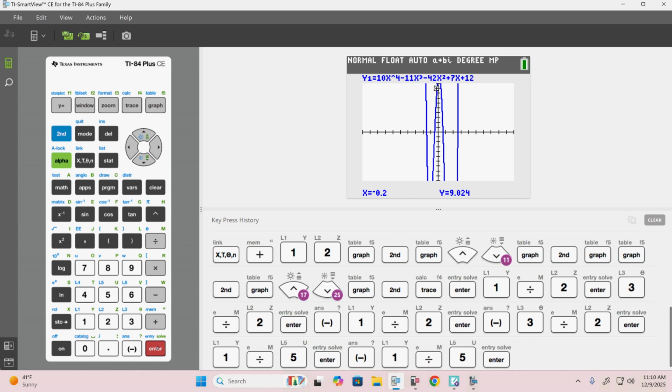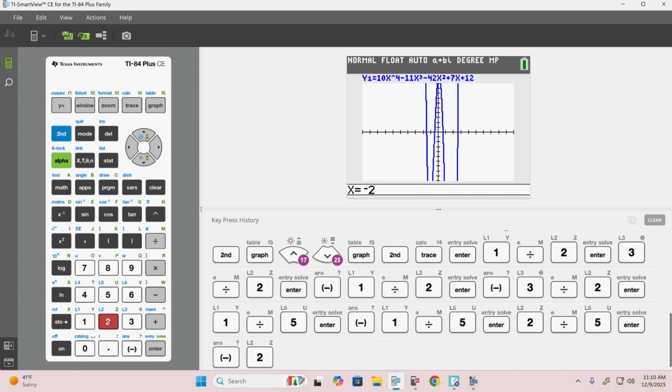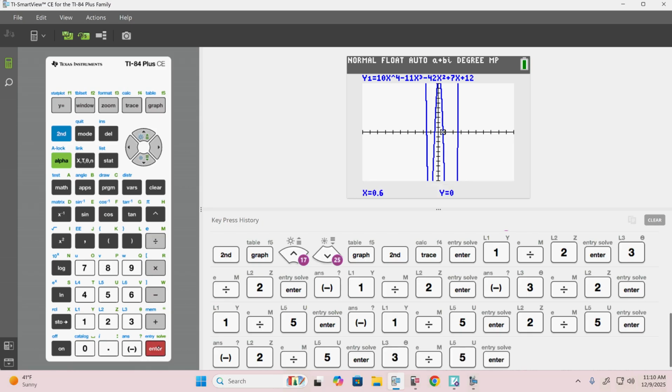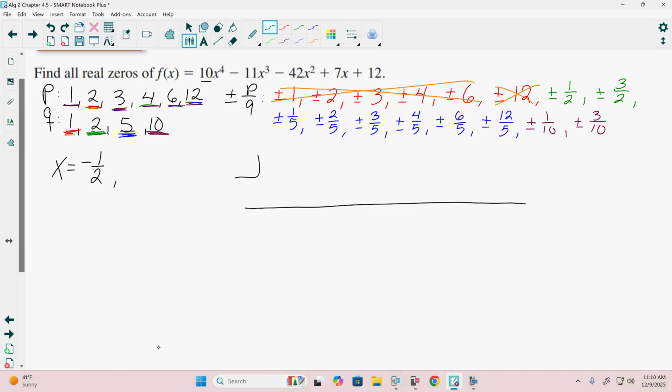And then what can we do next? 2/5. And then negative 2/5. 3/5. Well, 3/5 actually gave us a y value of 0. So that works. So I would definitely list 3/5.